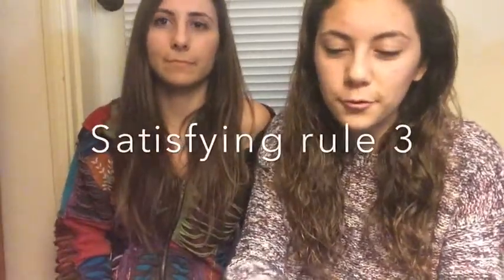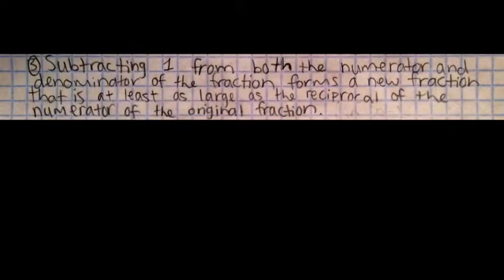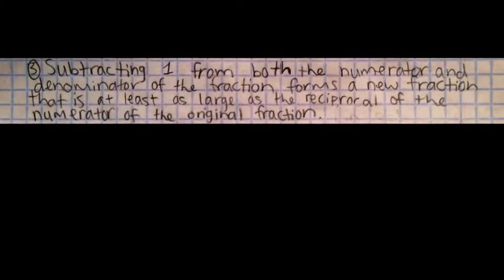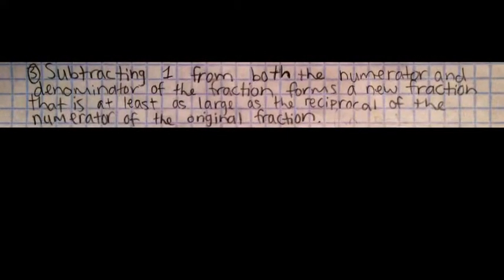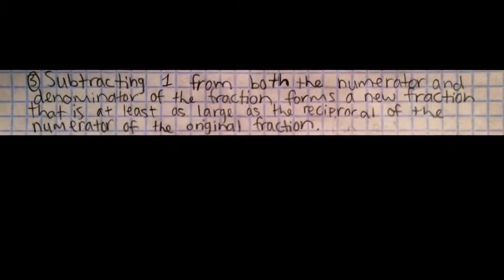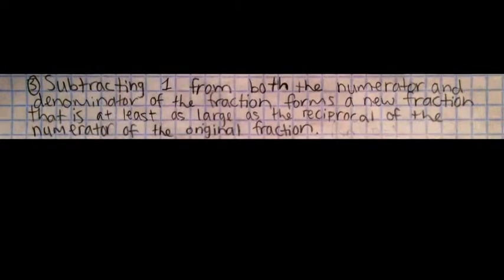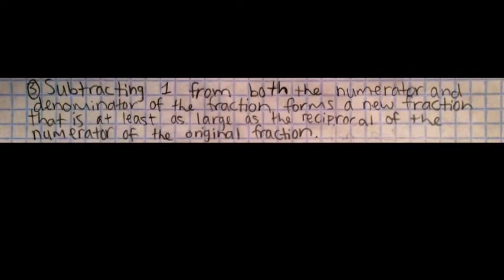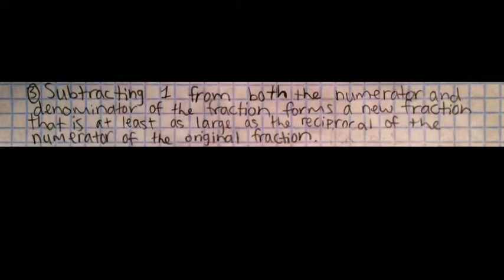So, Step 3 works with satisfying Rule 3, which, if you have forgotten, is that subtracting 1 from both the numerator and denominator of the fraction forms a new fraction that is at least as large as the reciprocal of the numerator of the original fraction.